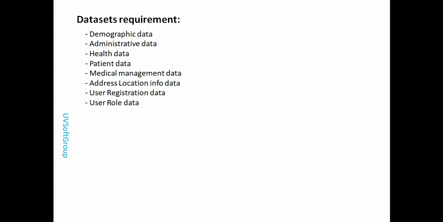For the design of the API, there is a set of requirements from the customer. They say the API should include demographic information, administrative information, health information, patient information, medical management information, address and location data, and user registration and user role data.